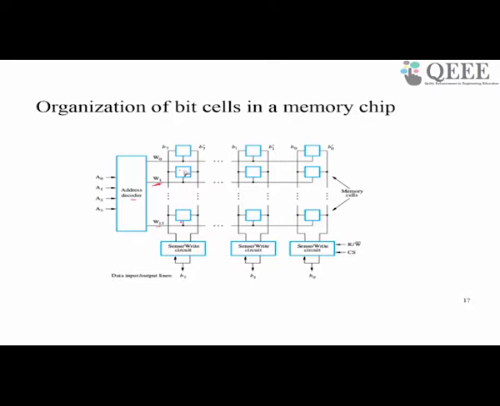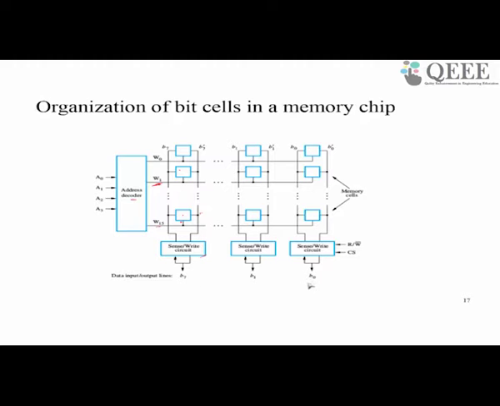Then the value that is stored in each of these cells, its value and its complement value, will both be available on two different lines, and we use a circuit called the sense and write circuit for the purpose of reading from it or writing into it.